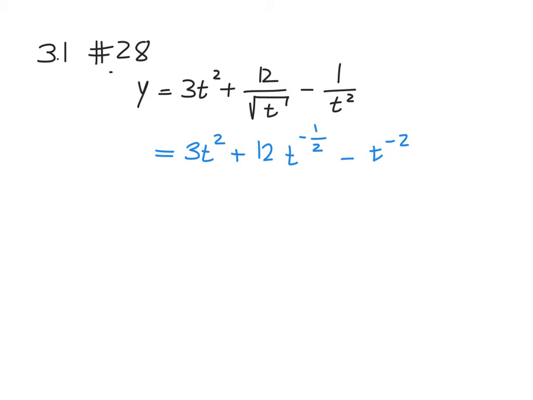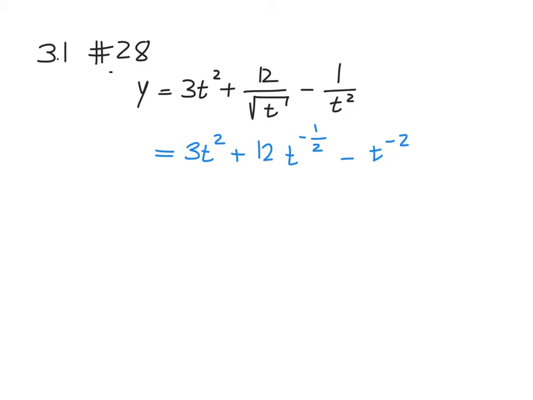And to do this, you have to remember two things. The first thing is that taking square roots is the same as taking t to the exponent 1/2. The second thing is that 1 over t to the something, like here 1 over t squared, is the same as taking t to the power -2. And since here we have a combination of both things, 12 over square root of t is the same as 12 times t to the power -1/2.